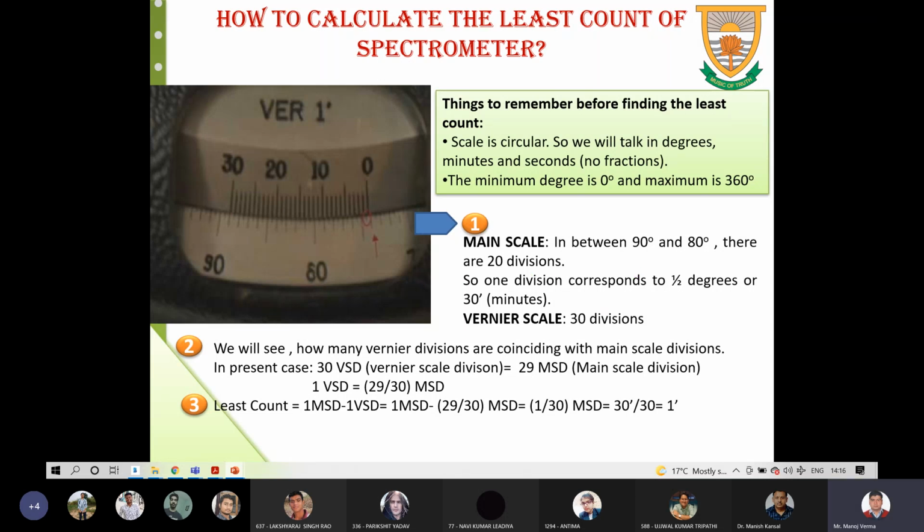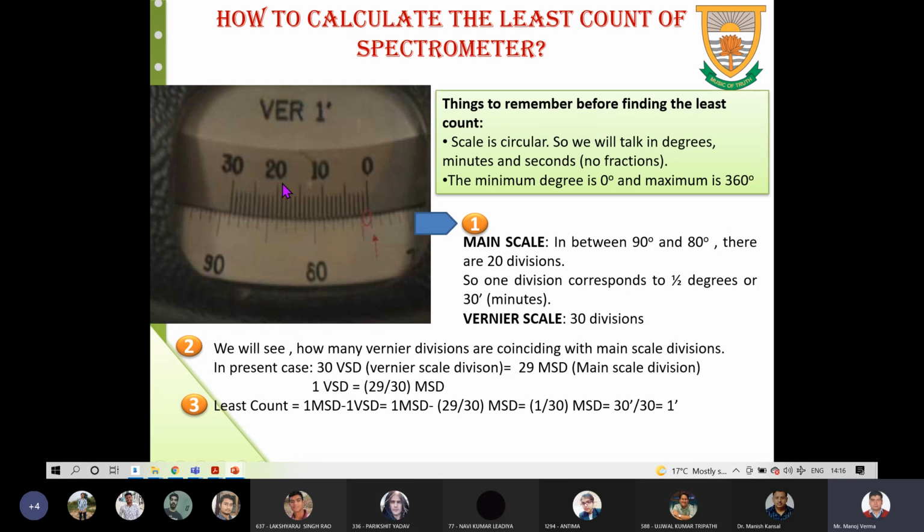So one division corresponds to half degree. Half degree means 30 minutes. 1 degree is equal to 60 minutes. 1 minute is equal to 60 seconds. So a single main scale division corresponds to 30 minutes.